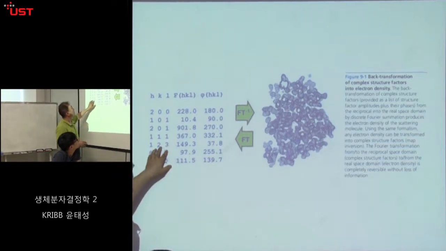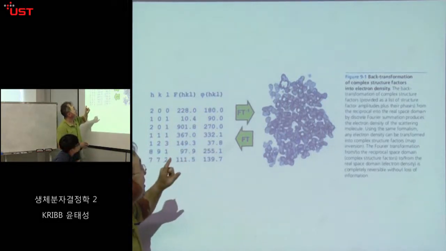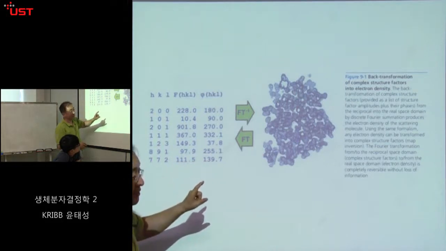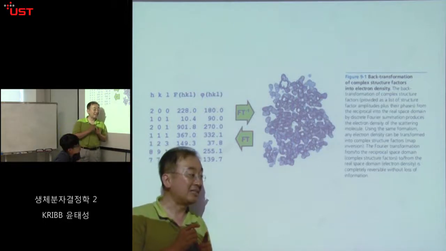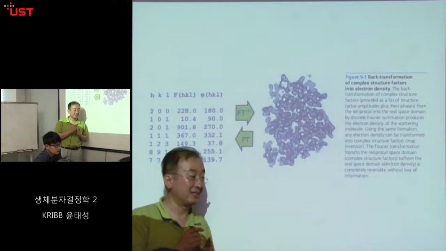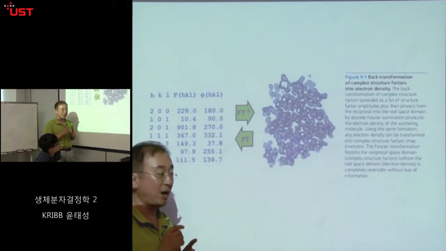Once we have this kind of data, we can have the equivalent one in real space. But do you know the word grid? Grid point and function value over each grid point.